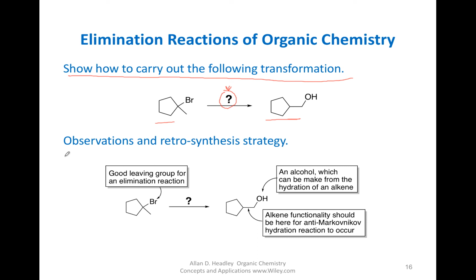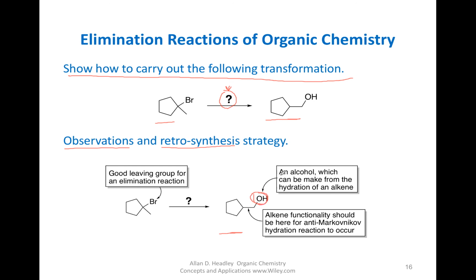So let's do the observations and retrosynthesis. Remember we said that retrosynthesis here really means working backwards. So we start with the product, the target molecule, make some observations, and see how we can put the functional groups together. The first observation is we have an OH, an alcohol.